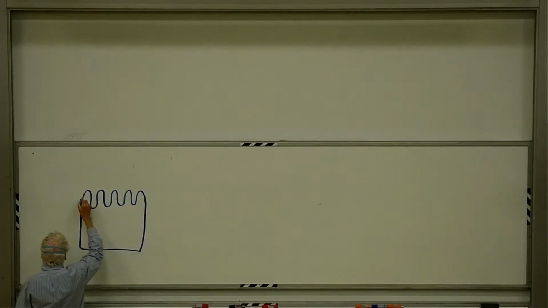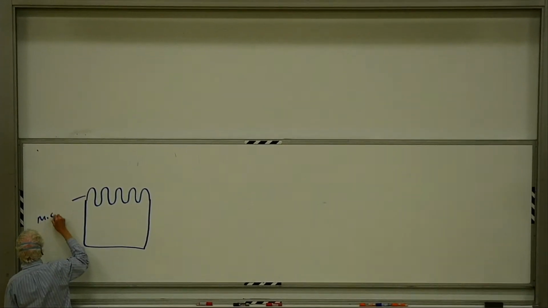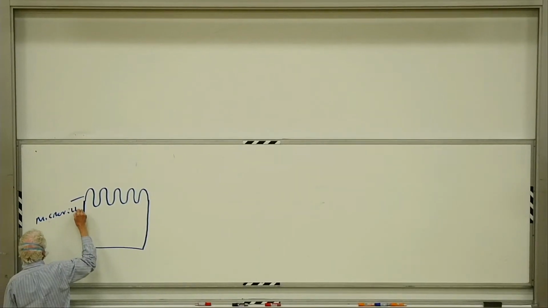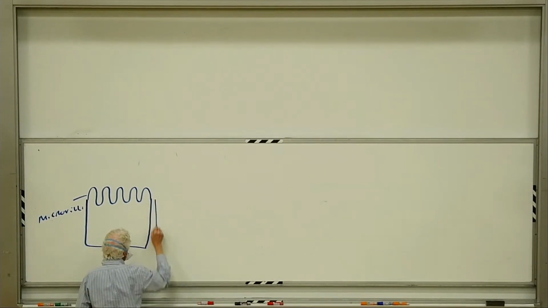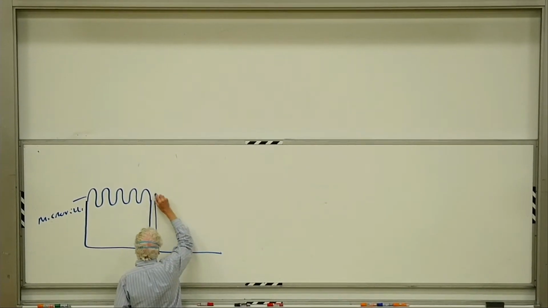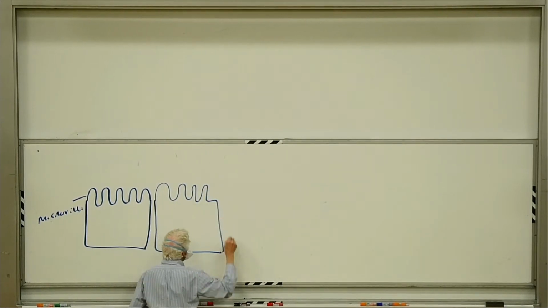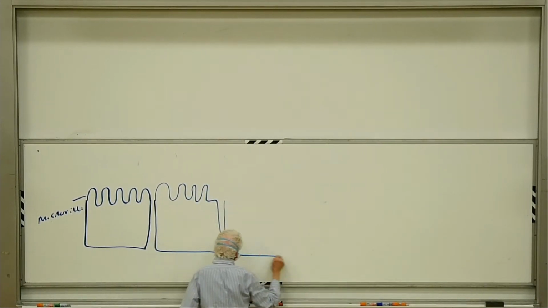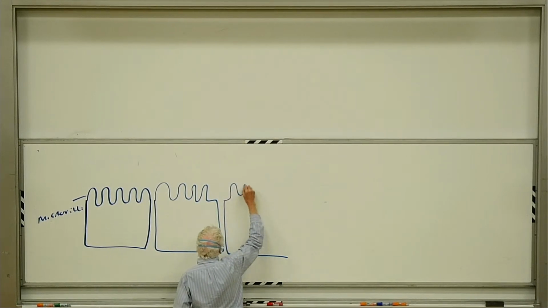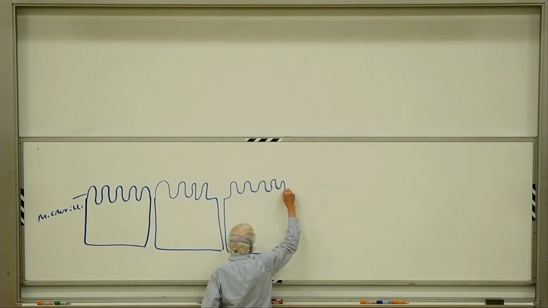We termed these folds microvilli. And when we lined up several of these enterocytes side by side, the microvilli in aggregate formed something known as the brush border.